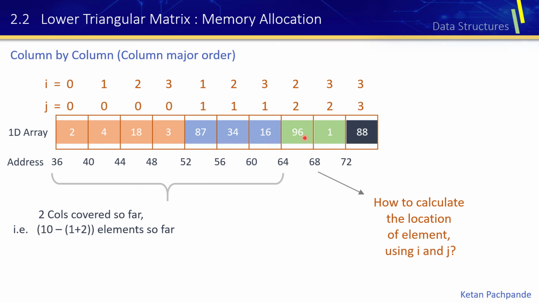If I look at the elements stored in memory from the right hand side, the first column from the right hand side is the last column from the left hand side. So how many elements are there up to this column? 1 plus 2. So total elements 10 minus (1 plus 2) will give me the actual number of elements stored before this column.